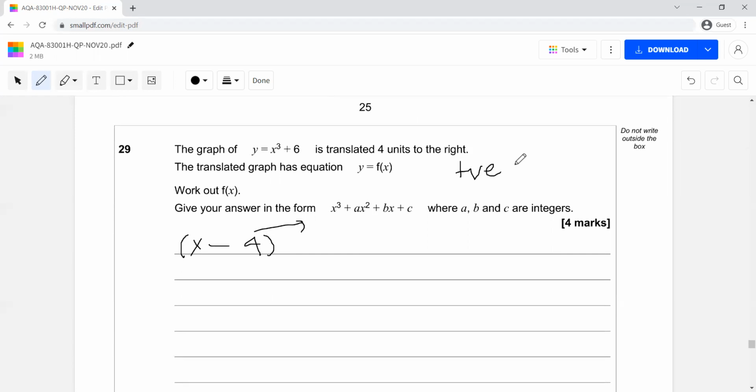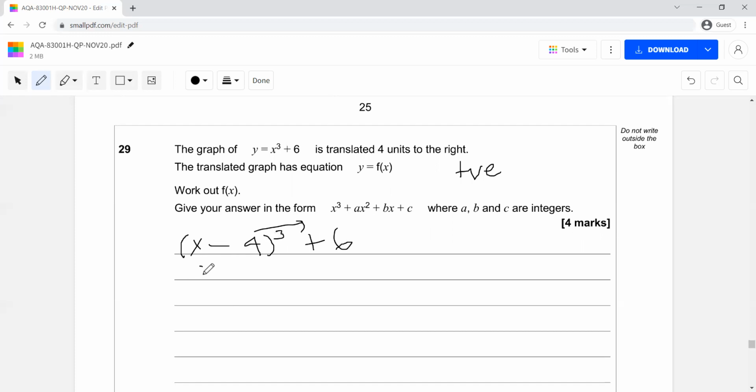So therefore, in the brackets, we'll put a negative, because whatever is inside the brackets, we always do the opposite of that. So it's moved to the right and it's positive. Therefore, we put x minus 4 in brackets, and then we put plus 6 outside.